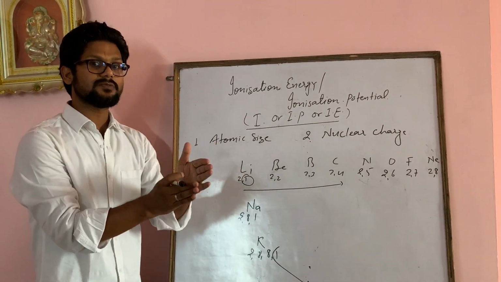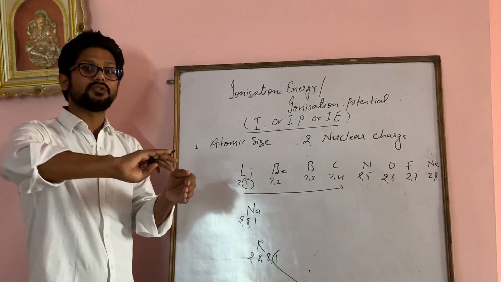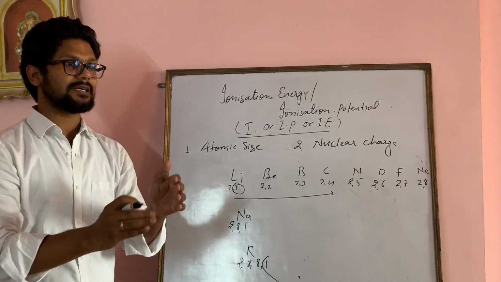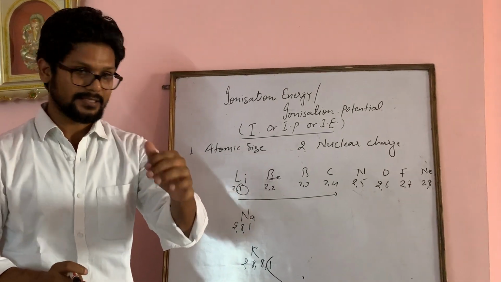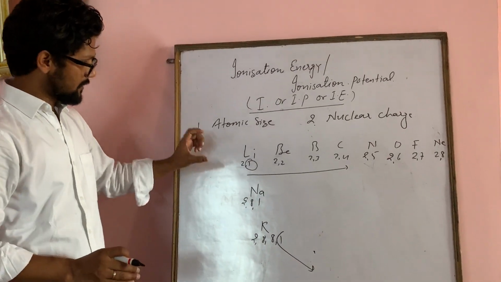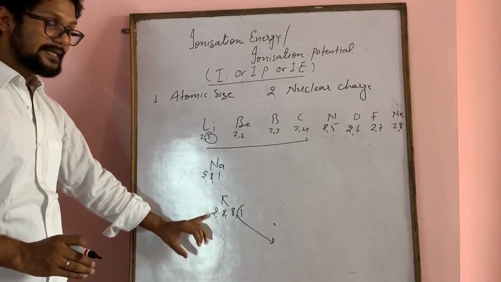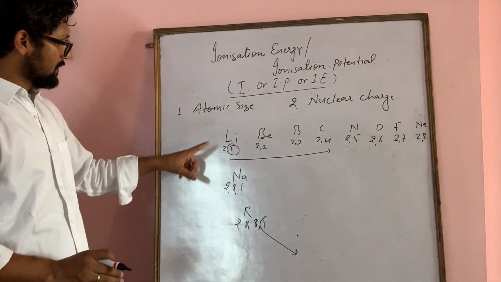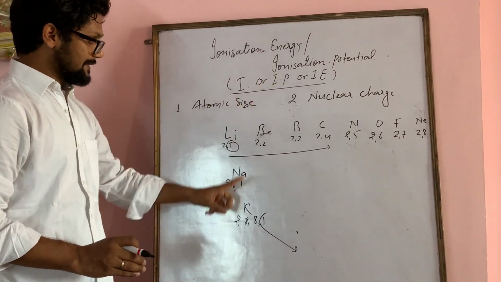If attraction is more, it is very difficult to remove the electron. We can't say difficult, but we need more energy. So as you go down in a group, atomic size increases and IP decreases.